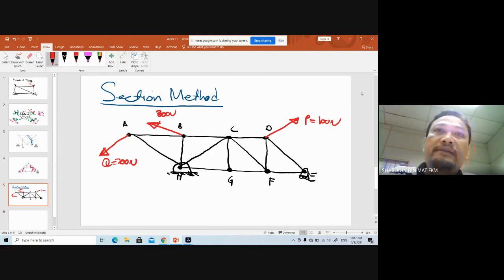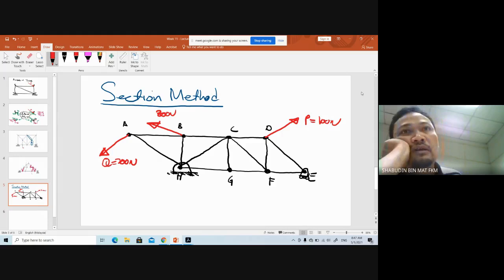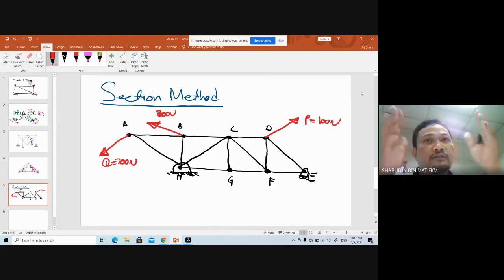I very much hate the student who just draws a force, say Hx and Hy, without removing the structure here. Why do you have a force? Because you remove this pin. If you don't remove it, it means no force there.